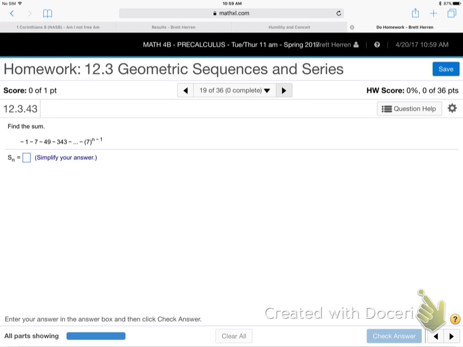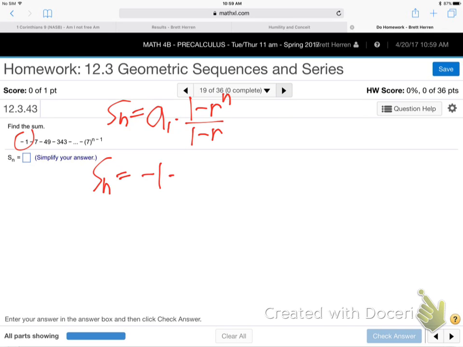So we're going to use the S sub n formula, which is A1 times 1 minus r to the n over 1 minus r, right? All right, what's A1?